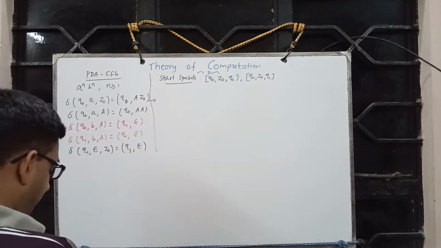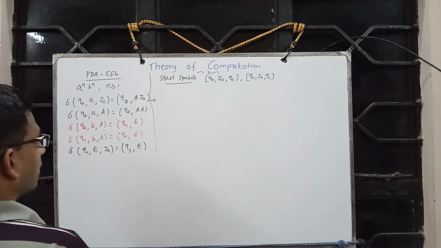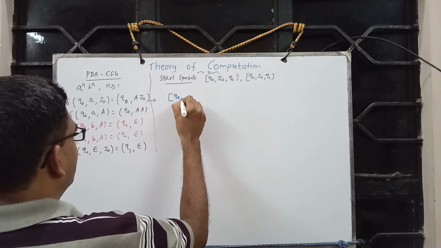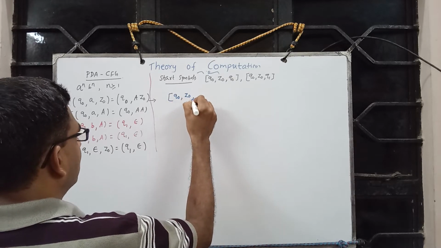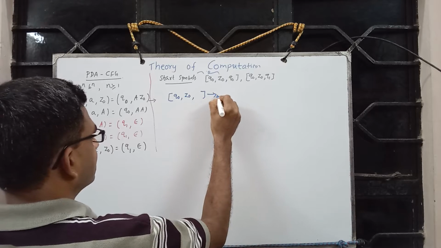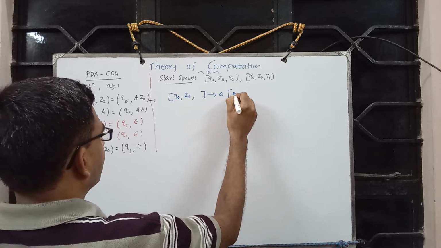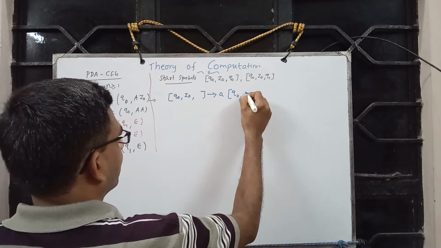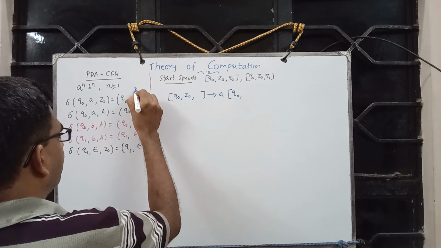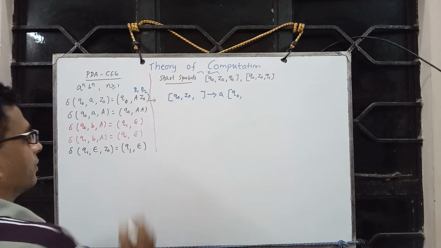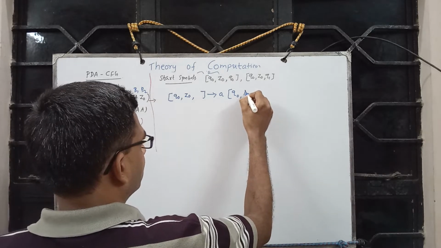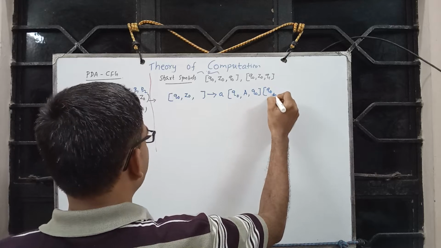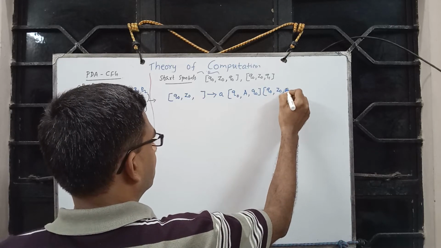Then we will write q0 Z0 implies a, output state is q0, then q0 A q0 followed by q0 Z0 q0.